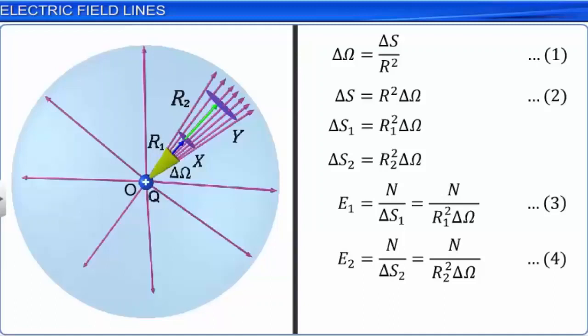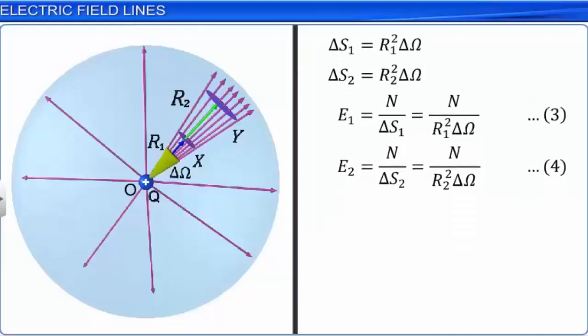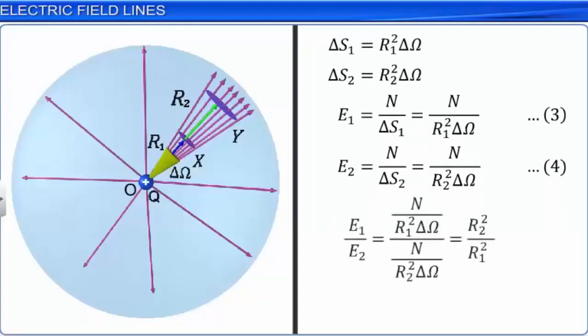If we divide equations 3 and 4, we see that the ratio of the electric field strengths at x and y is equal to r2 square by r1 square. Hence, we can conclude that the electric field strength due to a point charge varies inversely to the square of the distance from the charge.